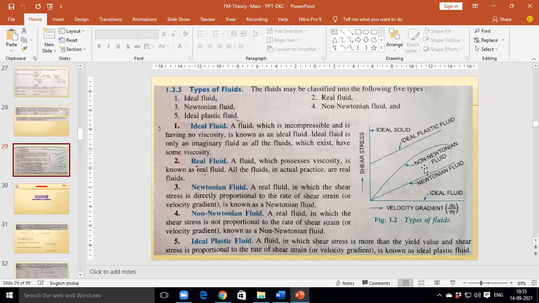Is it clear? Newtonian fluid, non-Newtonian fluid, and this type of graph is called which type of fluid? If a fluid obeys this type of graph, it is called an ideal plastic fluid.